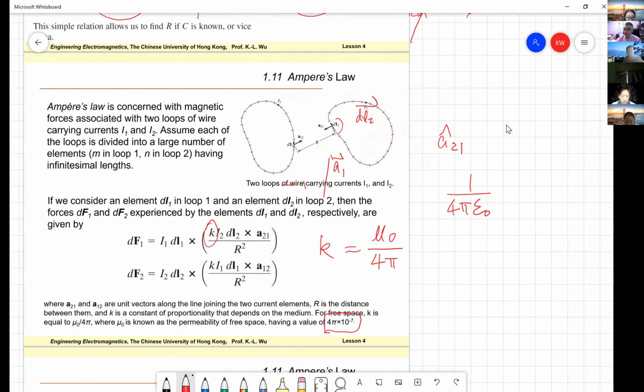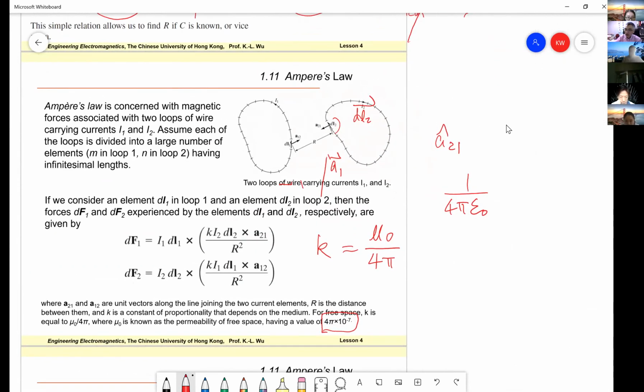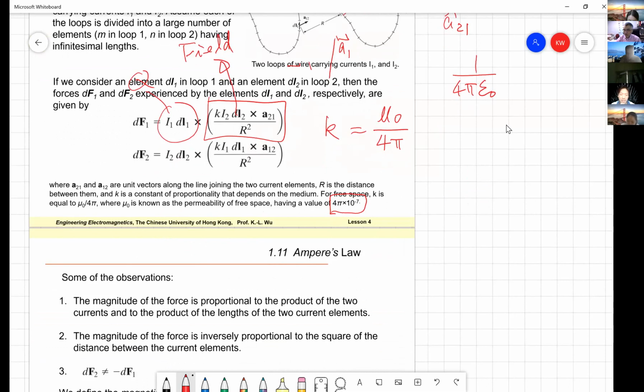Compared to this, we can say this is something analogous to Q, so we can define this as a field.